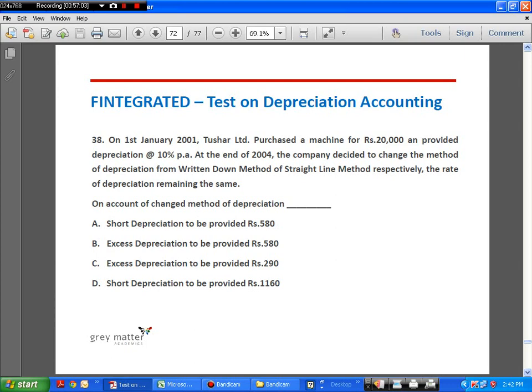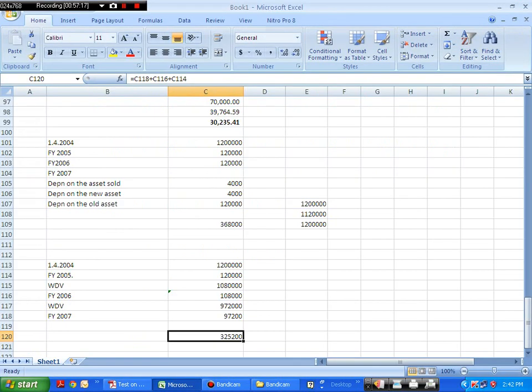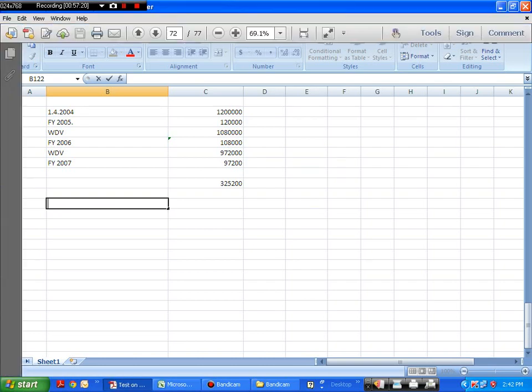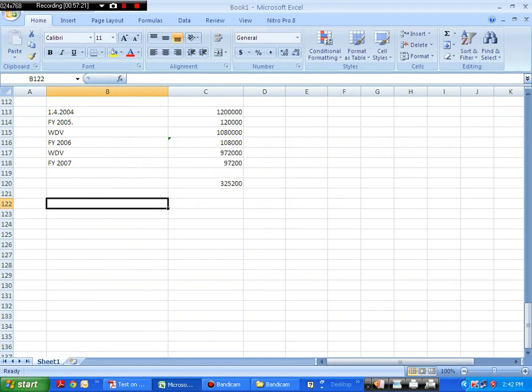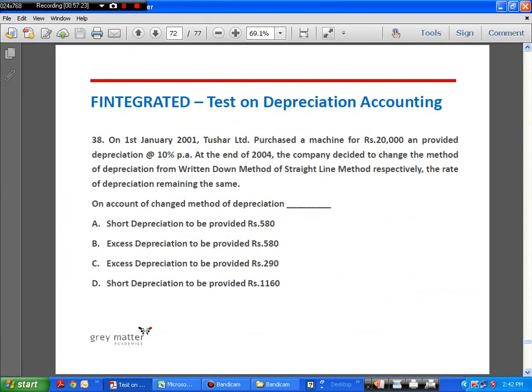So here the company has been depreciating the asset using WDV, but now they want to change it to SLM, right? So now let's see how to go about this. Our first step will be to calculate the depreciation that has been charged so far on the asset.